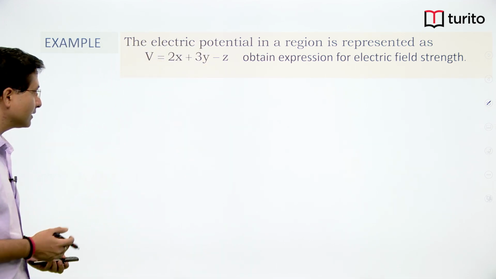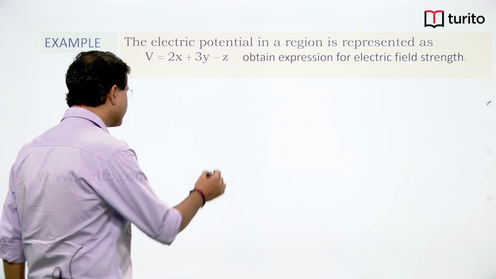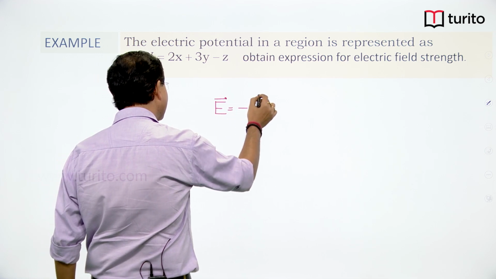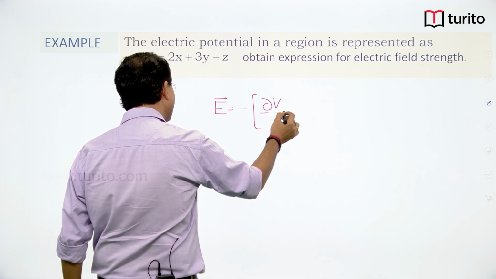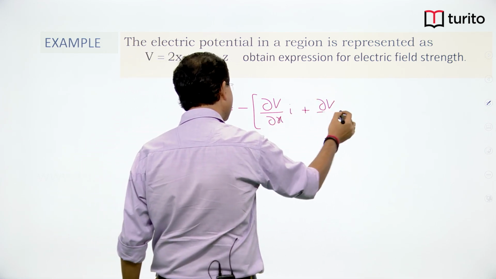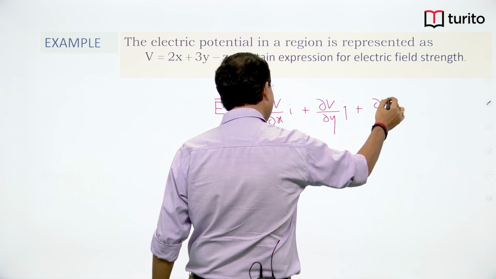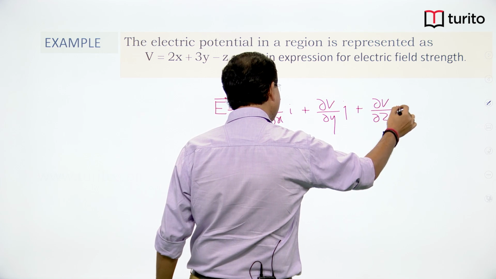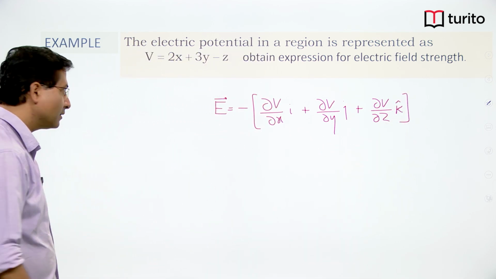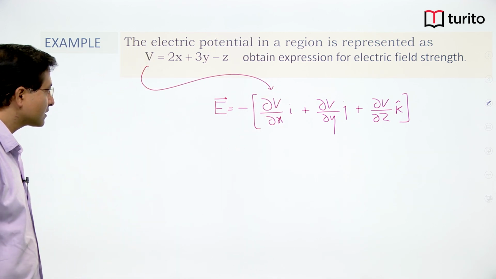As field is a vector quantity, we need to express it in vector form, and just now we have seen that E is equal to minus of differentiation of V with respect to x partially, then with respect to y partially and z partially, right. So, if I substitute this one here, what is the first term I am going to get?